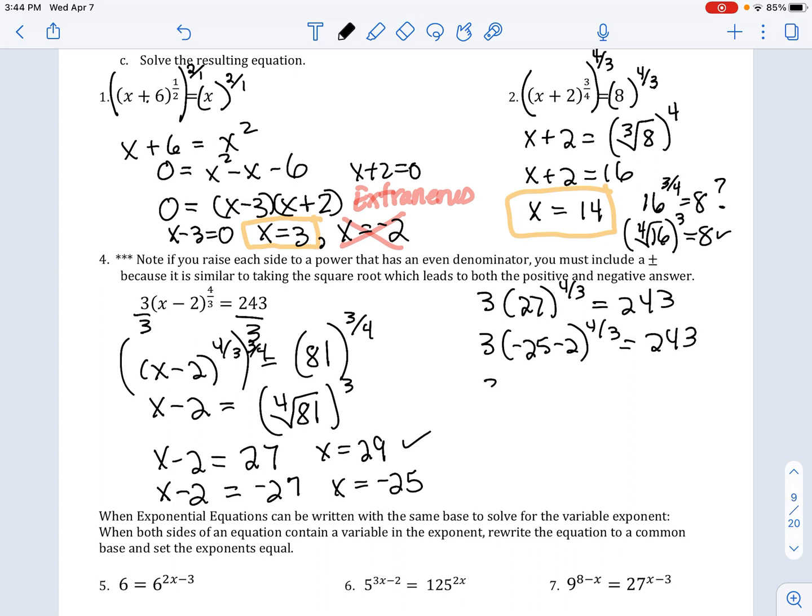Okay, negative 25 minus 2 is negative 27, raised to the 4/3. Well, the cube root of negative 27 is a negative 3. Raised to the 4th is a positive 81 times 3 is 243. So this one checks too. So they're both solutions.